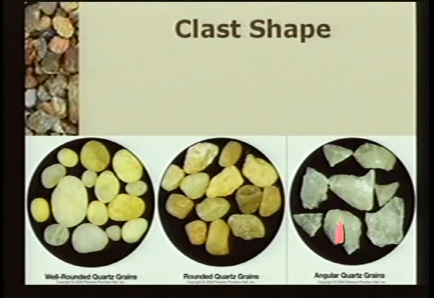However, this shows very angular quartz grains. No weathering, rounding whatsoever. Remember, when you weather, because you have more surface area exposed at a corner or a point, that tends to weather first. So when you see very angular grains, this tends to imply that it wasn't weathered very much and it wasn't transported very far, at least not by running water.